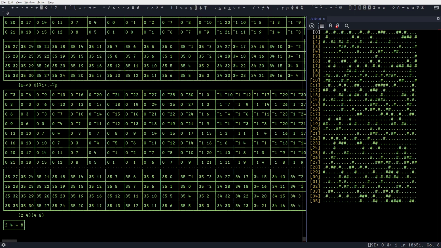Because if you construct a line from 0, 0, for each one of these rows we're treating the asteroid as being at the origin on the coordinate plane, or 0, 0. That's what I mean by relative coordinates. If we construct a line from 0, 0 to 2, 4, that line will also intersect with 4, 8. So you can think about it like this: the asteroid at 2, 4 is blocking us from seeing the asteroid at 4, 8. So we don't want to count this one.